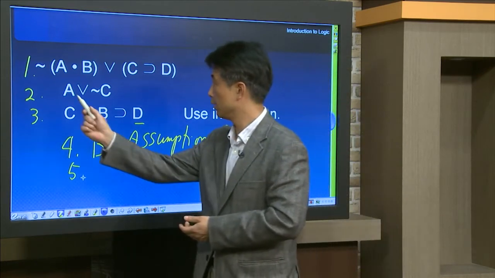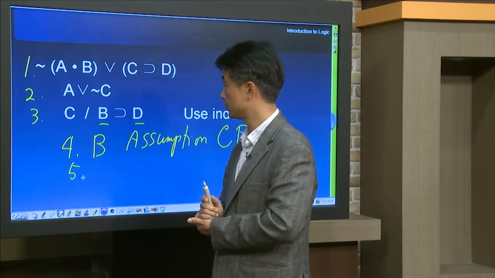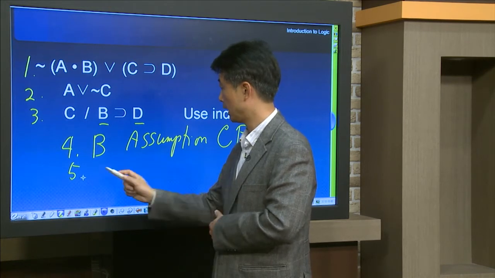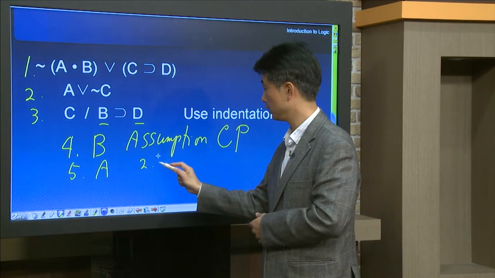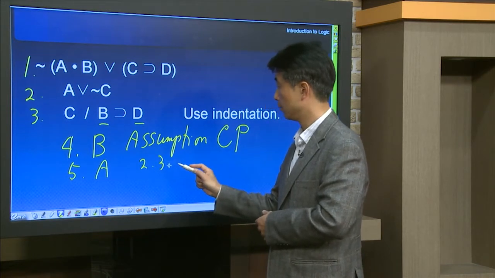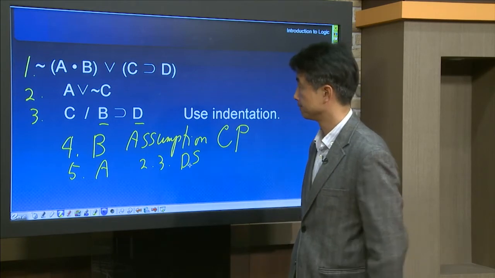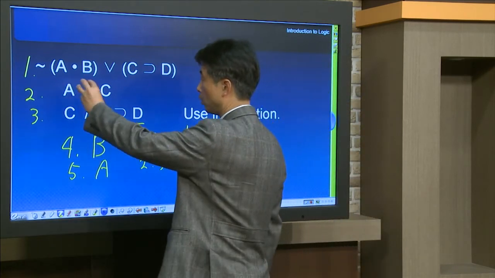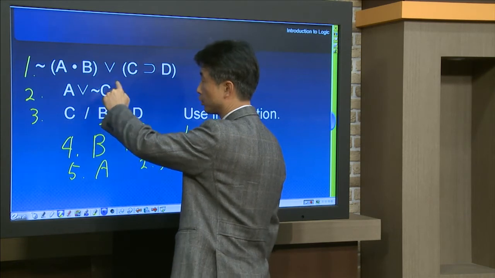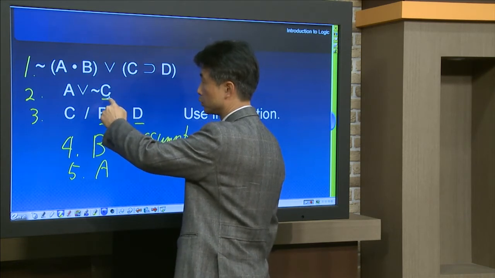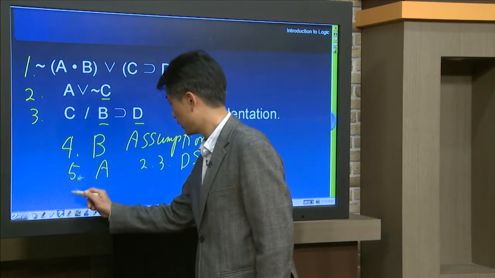If you look at number 2 and 3, there is something that I can derive. I can derive A from 2, 3 by using the rule disjunctive syllogism. Something or not C, and C is the negation of the not C part, so I can derive A. Okay? Step 6.